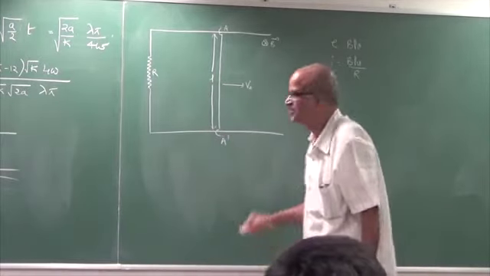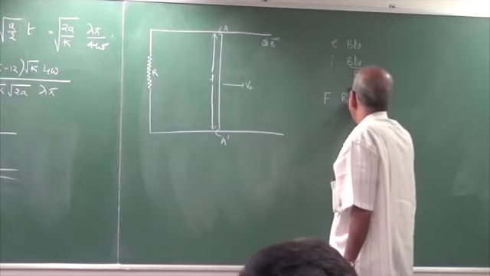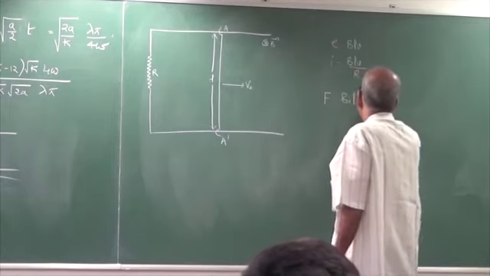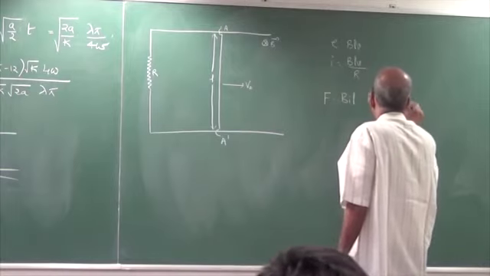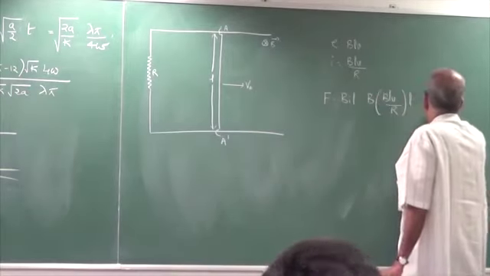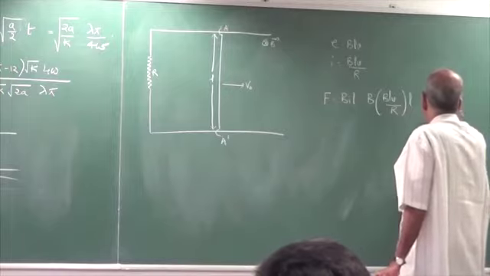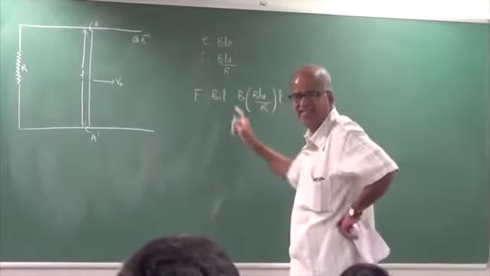How much is that force? B I L, which is B into B L v by R, into L, that is B squared L squared v by R. This is the force acting.